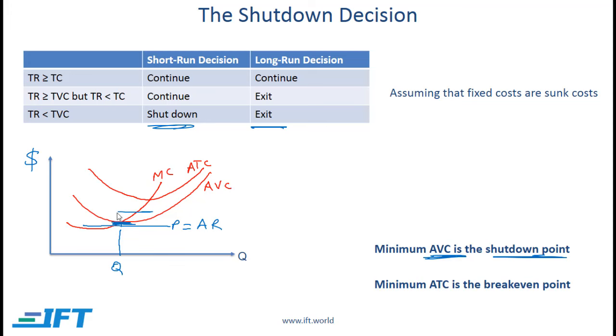If the price is in this range, then we correspond to this row over here. So if the price is here, which means the average revenue is at this range, this implies that we are covering all the variable cost and some of the fixed cost. So it makes sense to continue in the short run, but shut down in the long run.